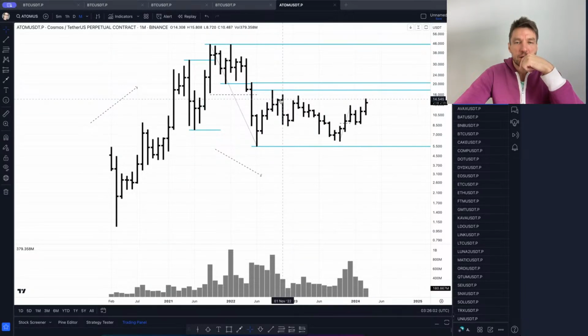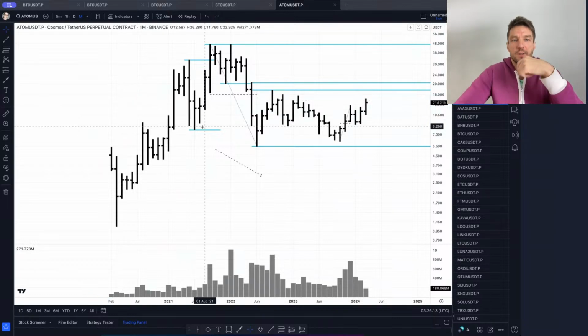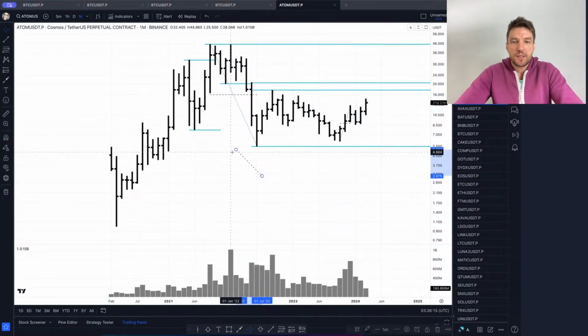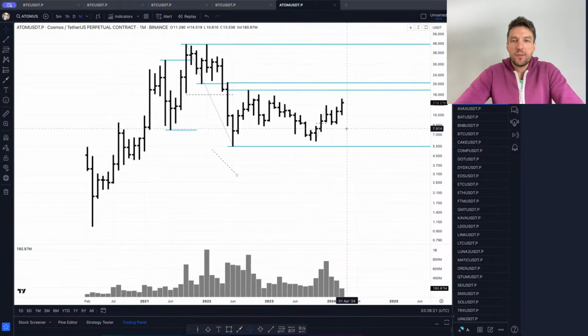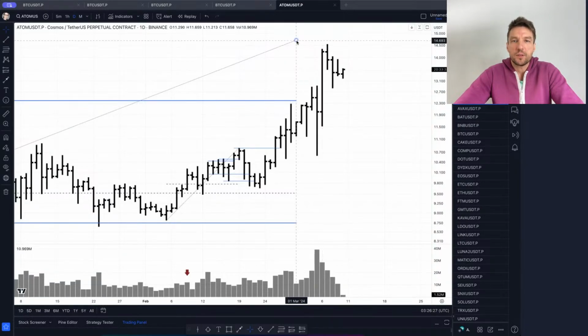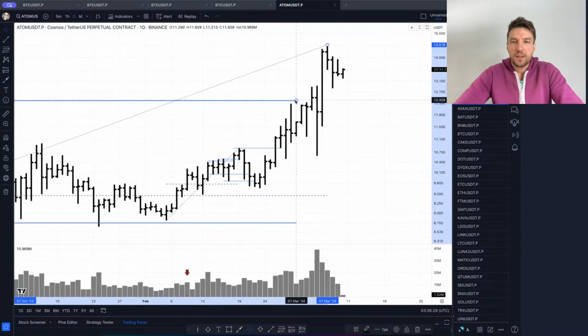It looks more like an independent approach. It formed this test level. Everything in the crypto market right now just follows Bitcoin and goes bananas.